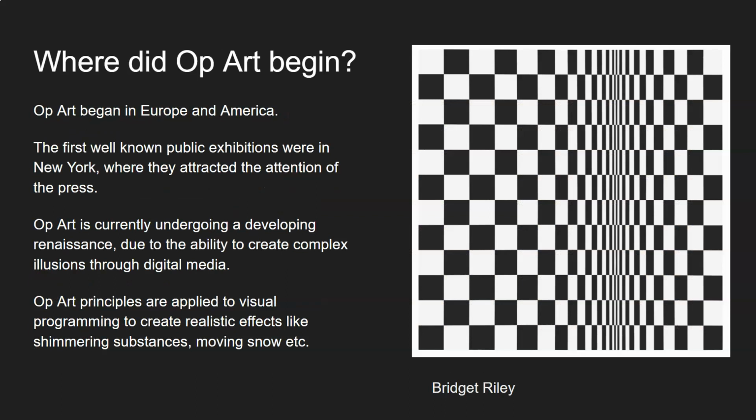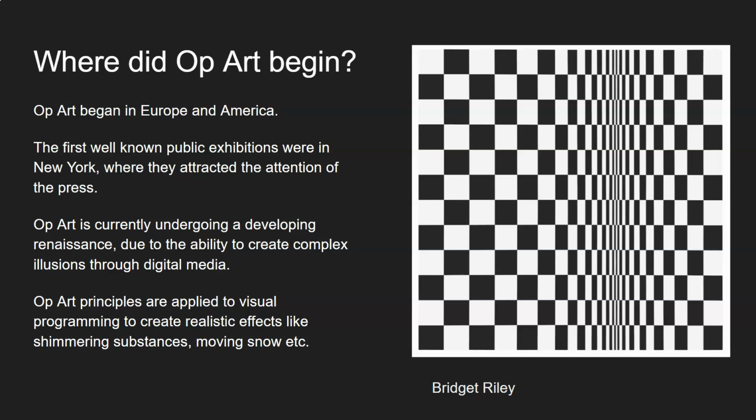It began in Europe and America, and then it had its first exhibitions in New York City, which is one of the art world centers, and they attracted the attention of the press. And now it's currently going through a renaissance because of the ability to digitally manipulate things and make things more complex and interesting than when you just do it with pen and pencil.